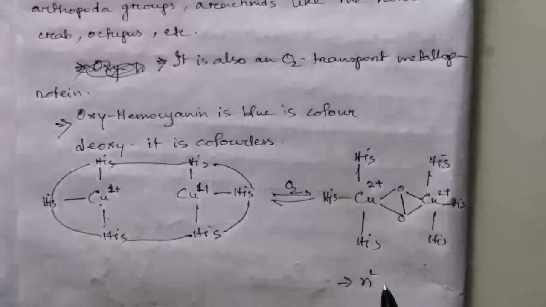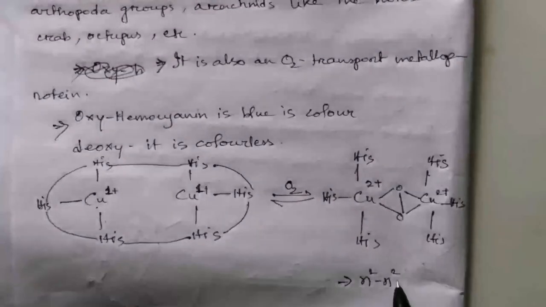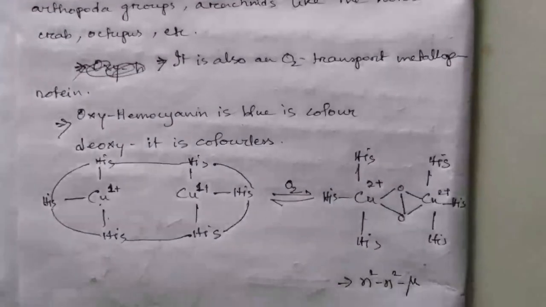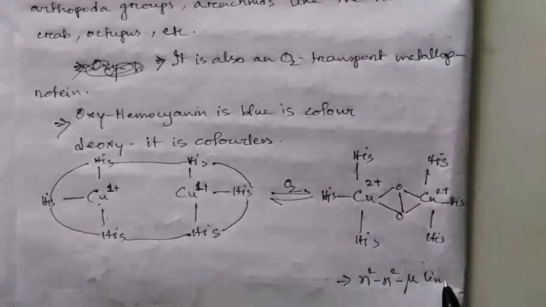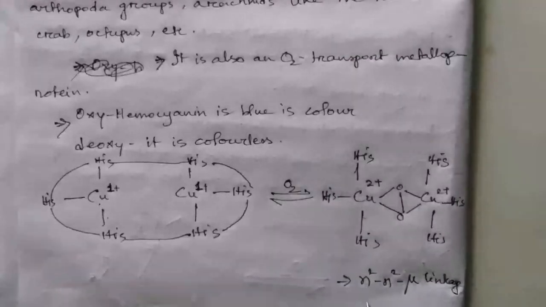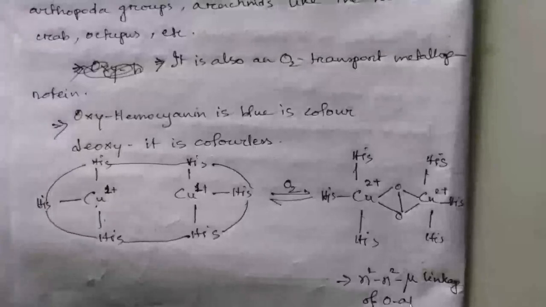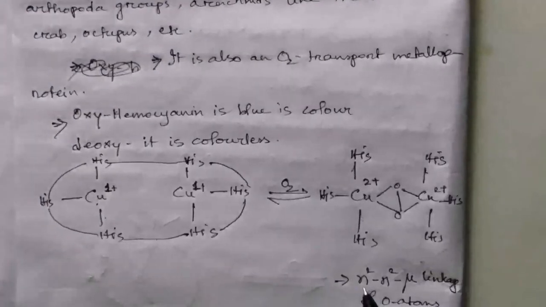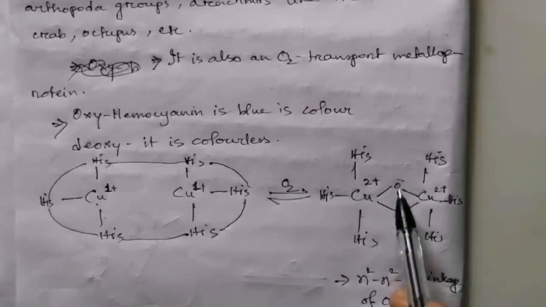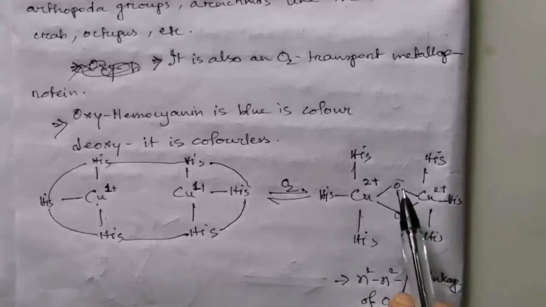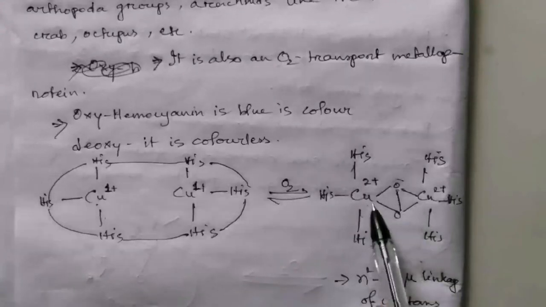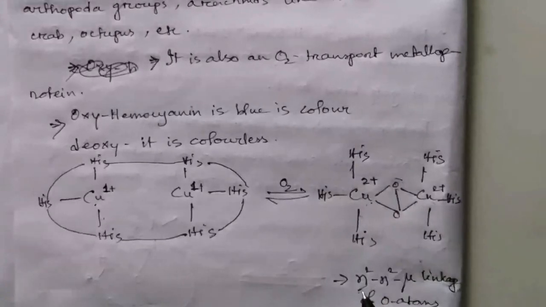This is an eta 2 mu linkage of the oxygen atom. Here eta 2 represents the hapticity of the oxygen atom, that is, one oxygen atom is coordinated to 2 copper atoms.